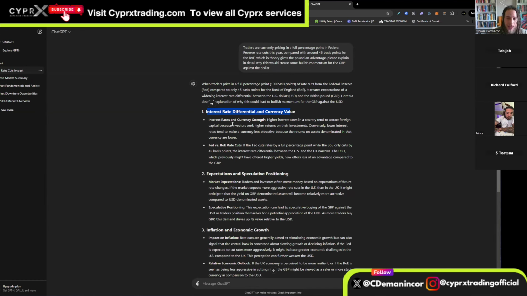Higher interest rates in a country tend to attract foreign capital because investors seek higher returns on their investments. Conversely, lower interest rates tend to make a currency less attractive because the returns on assets denominated in that currency are lower. So let's take this into consideration with the Fed versus the Bank of England rate cuts.